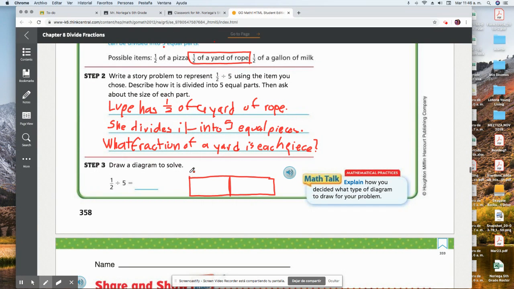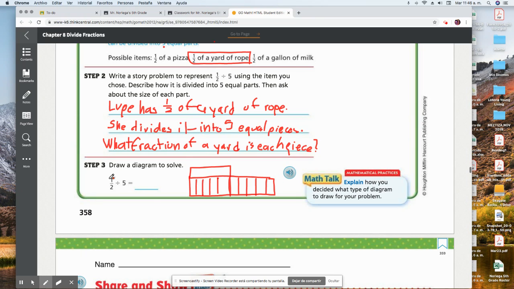This is the piece of ribbon that I am going to use. 1/2. How do I need to divide this 1/2? I need to divide it into 5 pieces. So 1, 2, 3, 4, 5. And the same thing I need to do with the second half. 1, 2, 3, 4, 5.